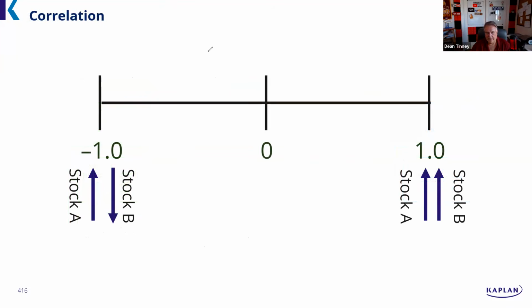Here is stock A, and let's call stock A Exxon. Let's say I put Chevron into the portfolio. Under modern portfolio theory, I haven't really accomplished anything, because Exxon and Chevron have almost perfect positive correlation. They're pretty much the same business, oil and gas.